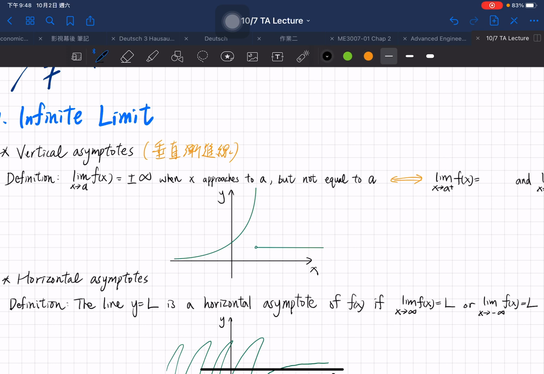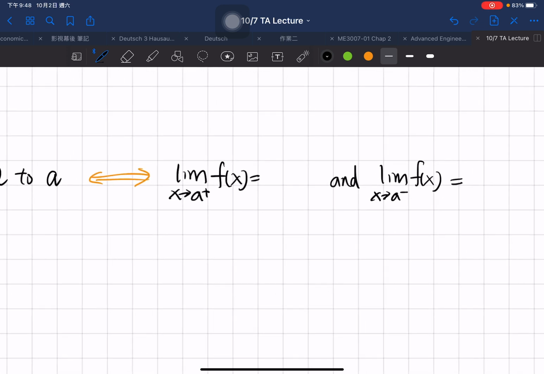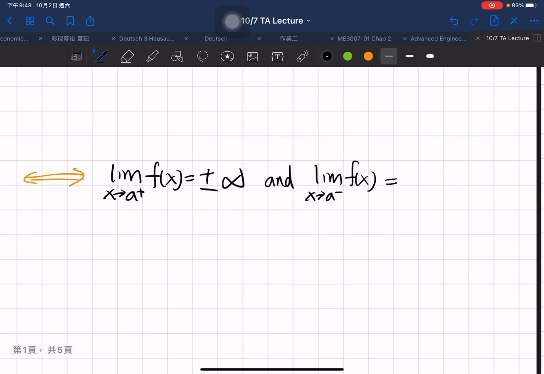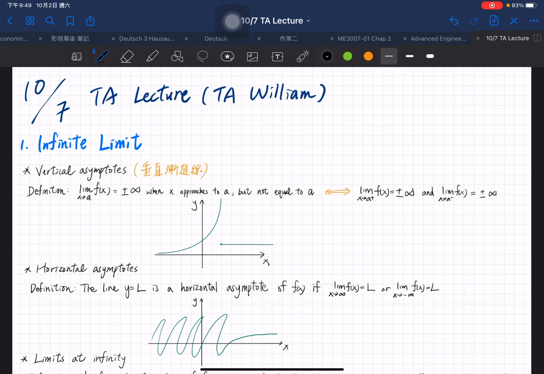In another way, we can say that the limit of f of x when x approaches a plus is positive or negative infinity, and the limit of f of x when x approaches a minus is also positive or negative infinity.